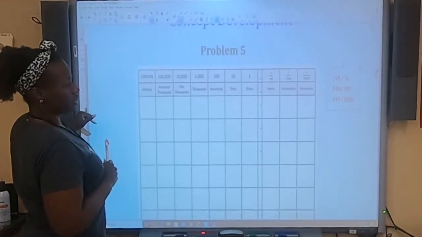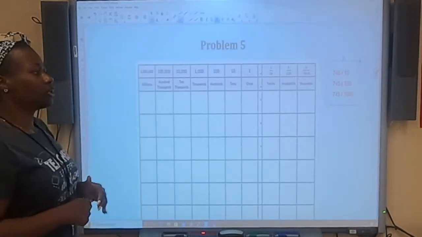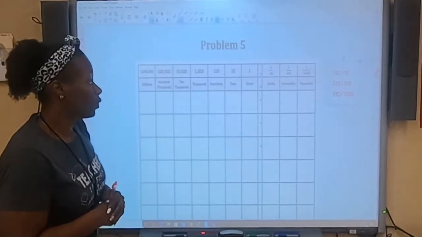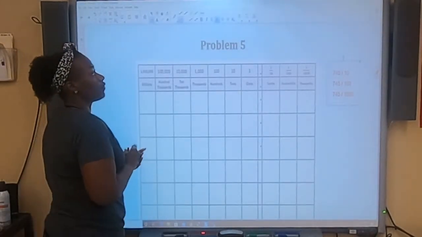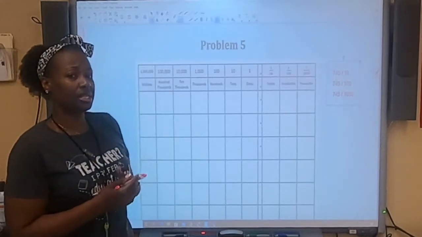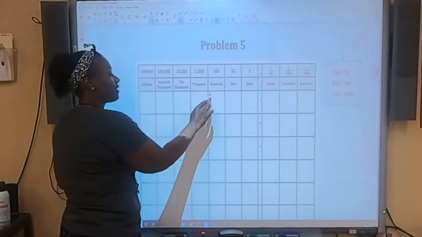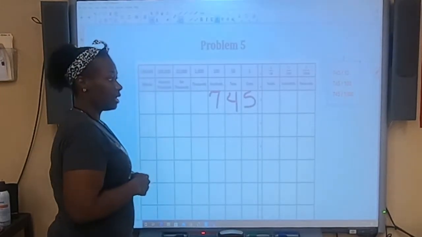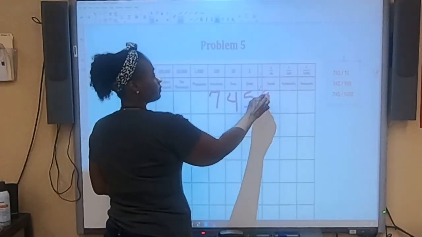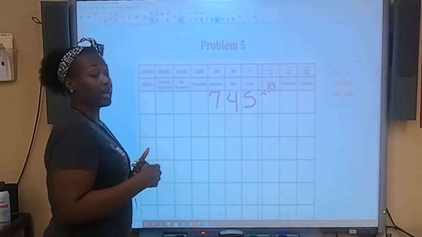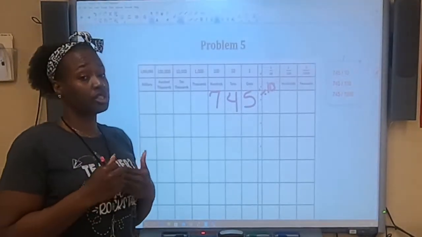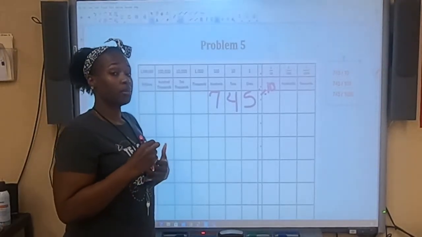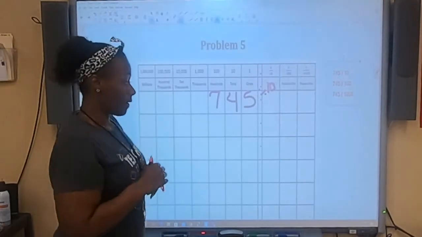Our last set of problems, we are now going to do division with 10, 100, and 1000. We're starting with the whole number 745. So I'm simply going to write each digit in its place value. So I've got 745. I'm dividing by 10, which you now know that division moves us to the right, and that 10 tells me to move to the right 1 time.